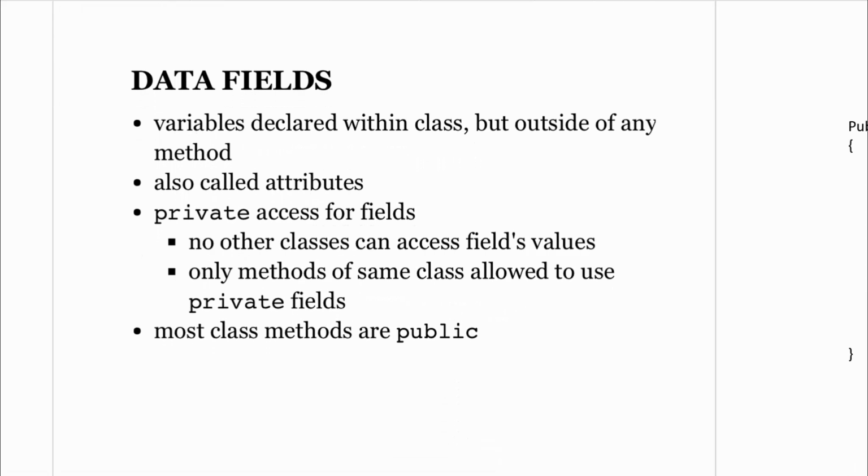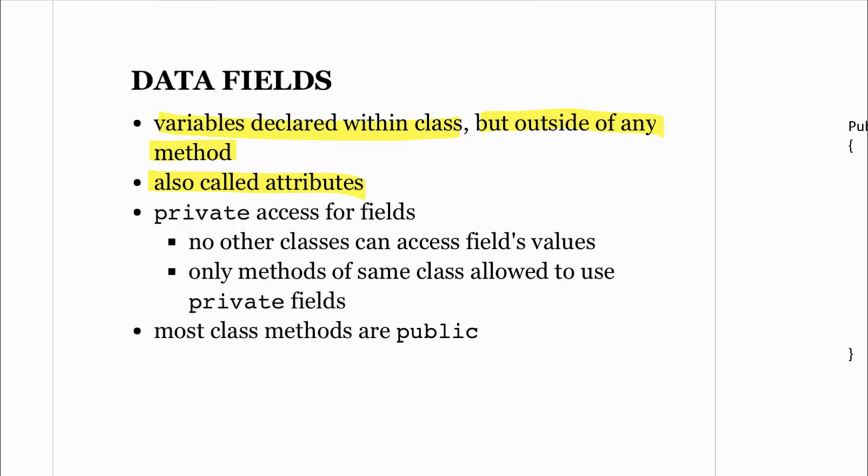Now, like I said, in chapter 1 we discussed what classes were, objects were, and what attributes are. So a data field is an attribute. So data field and attributes are just kind of interchangeable. And so data fields are just variables that are declared within classes, but outside of any method. So attributes or data fields kind of perform in a different way from variables.